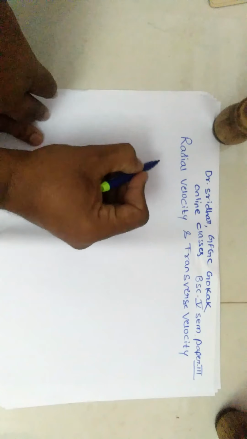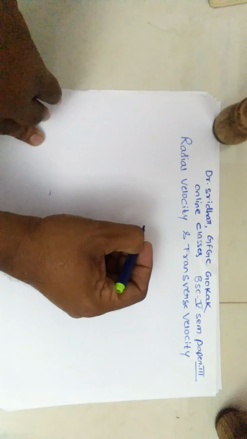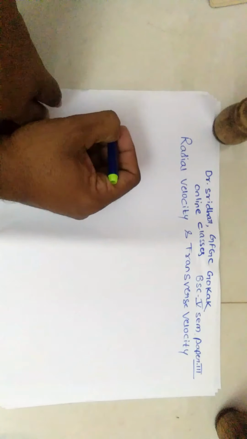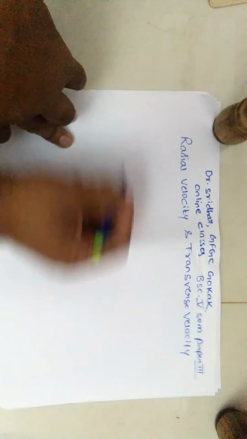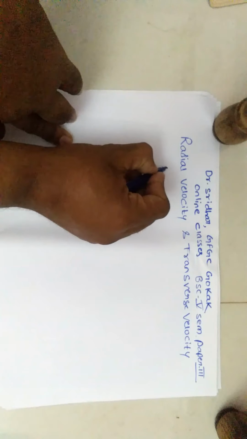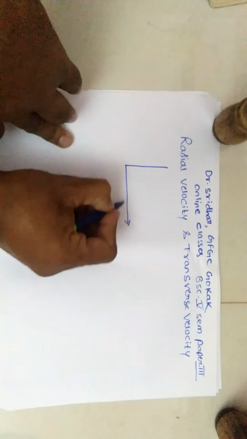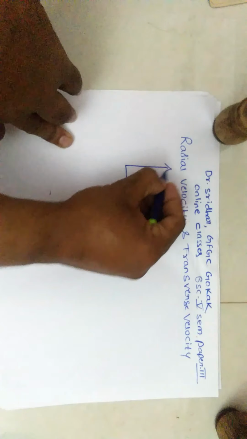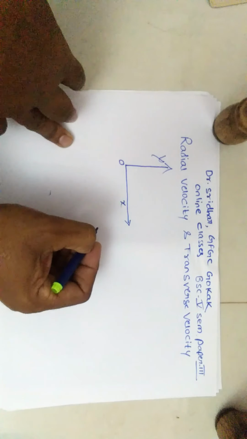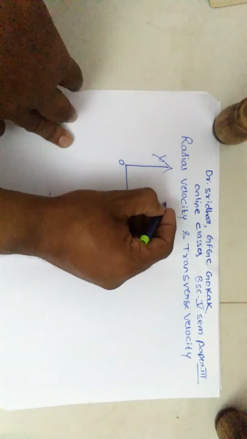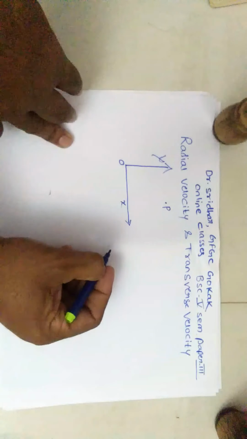First, we learn what a radial velocity and a transverse velocity are. For that we consider a polar coordinate system. In it we have one horizontal axis and one vertical axis, and this is the origin, and let P be any point on the plane.